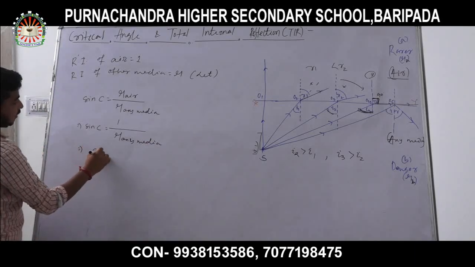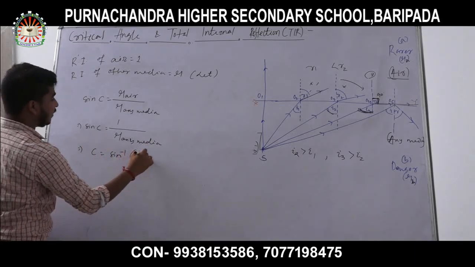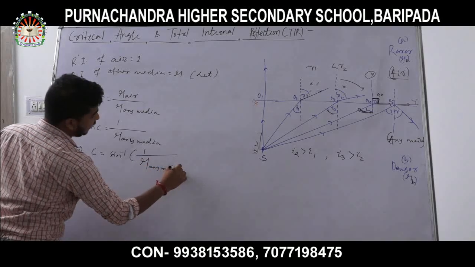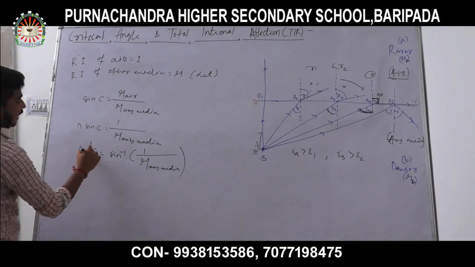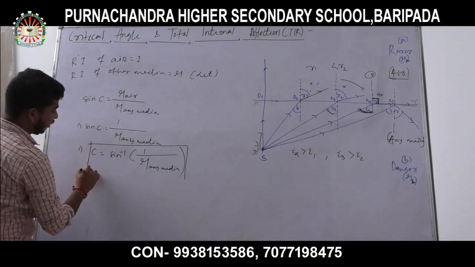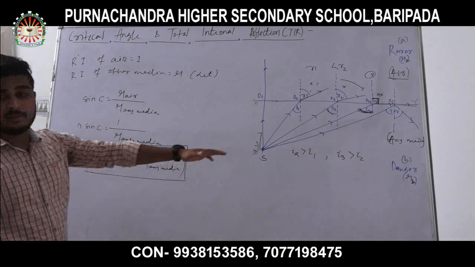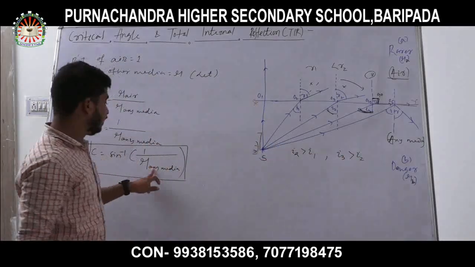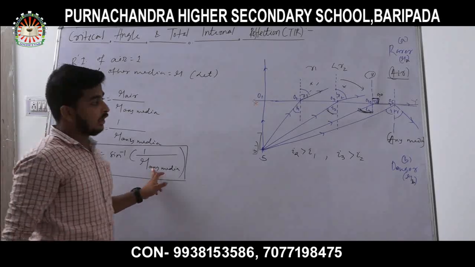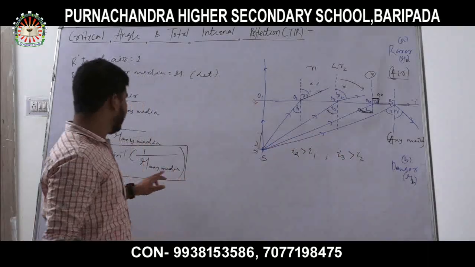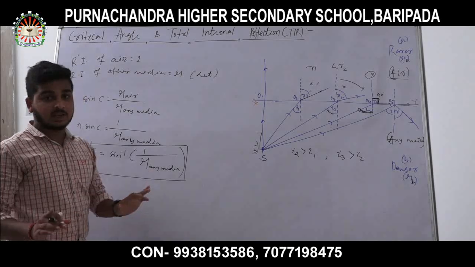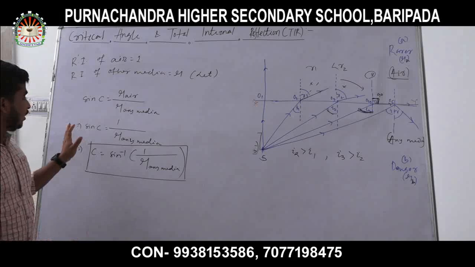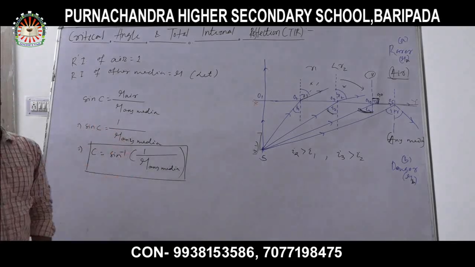So C is equal to sine inverse of 1 upon the refractive index of any media. This is the calculation for the critical angle for the air and any media interface. If you take water, just put the refractive index of water here. If you take glass, just put the refractive index of glass. This is the expression of critical angle, that is sine C is equal to 1 by mu.